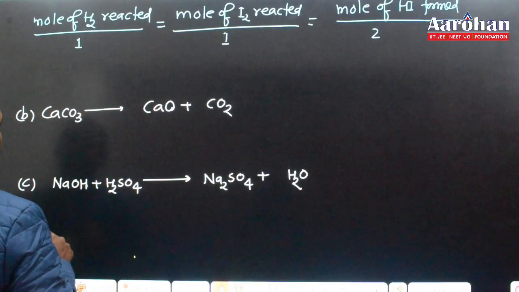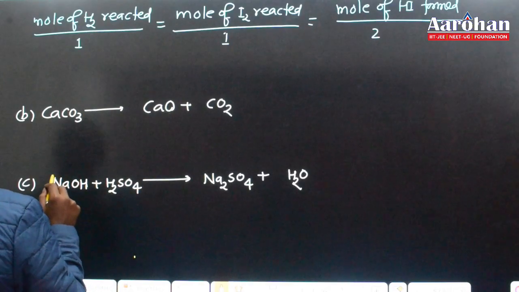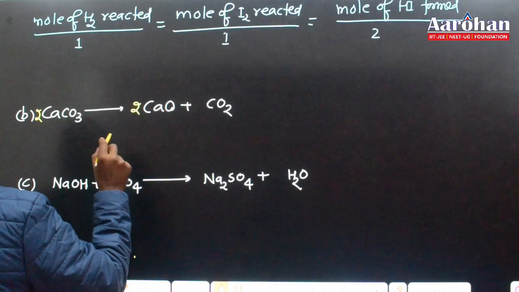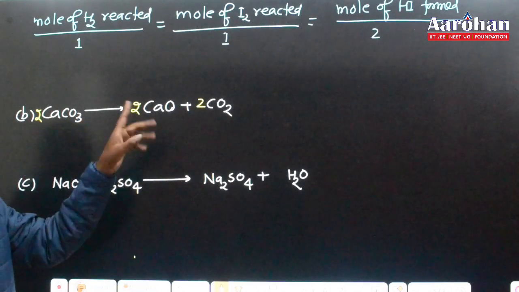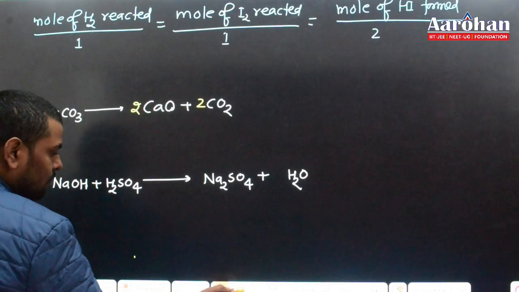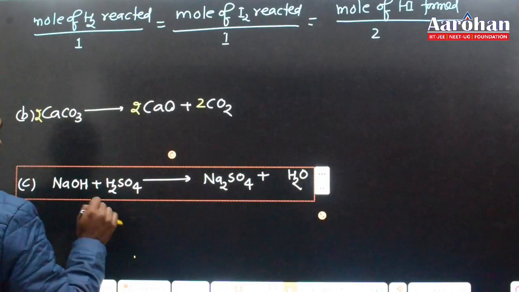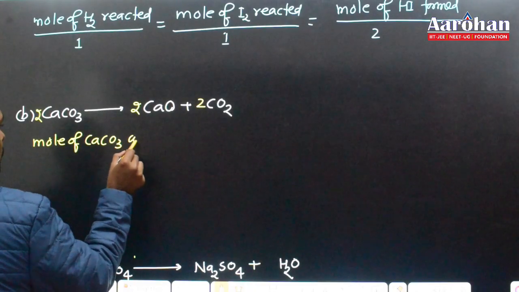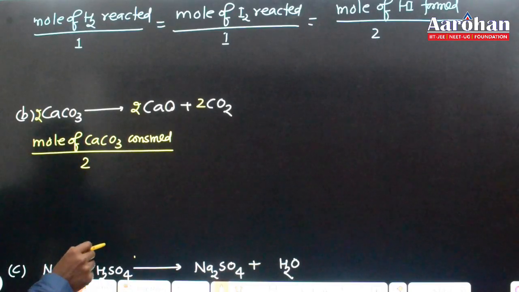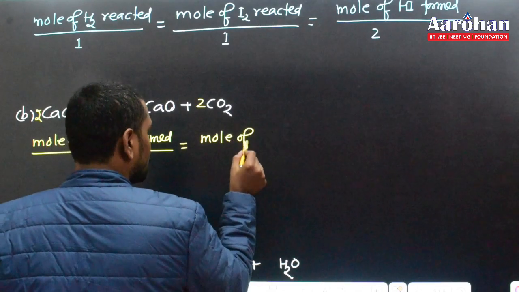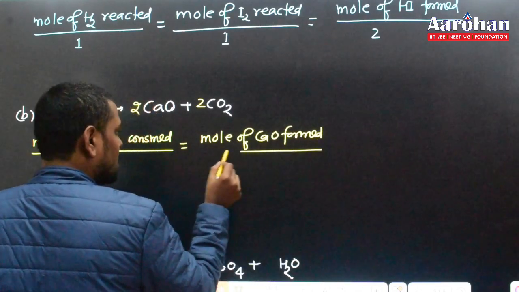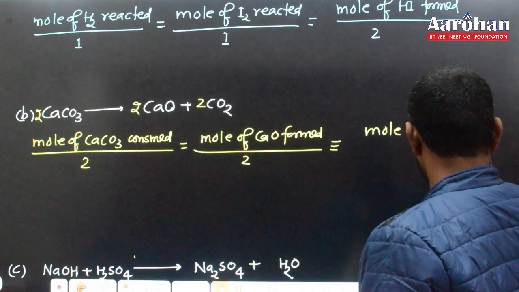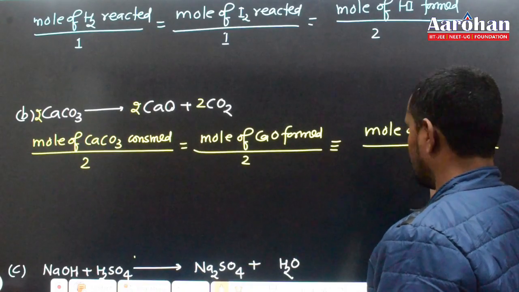If we balance this reaction, we get CaCO3 forming CaO and CO2, with 1 mole of each, and the oxygen is balanced. Then the mole equation is: moles of CaCO3 consumed divided by 1, equals moles of CaO formed divided by 1, equals moles of CO2 formed divided by 1.